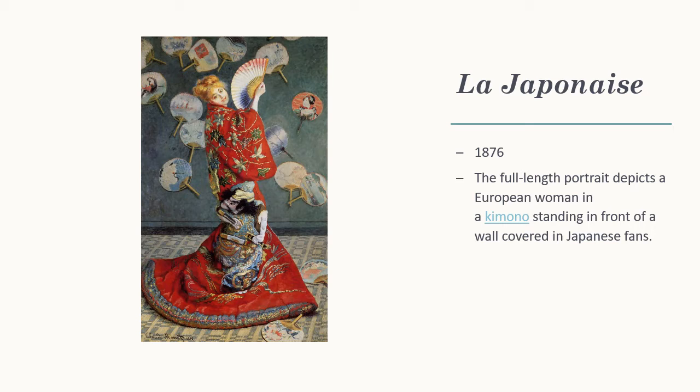Paintings of European women in Japanese costumes had been popular in France since the 1860s, and Monet's contribution to the genre may have been motivated by a desire to generate income and publicity at a time when he was in need of money. Monet's wife, Camille, modeled for the portrait, wearing a blonde wig and staring out at the viewer in an expression that period critics saw as sexually suggestive.